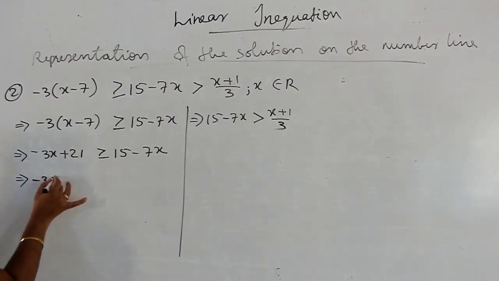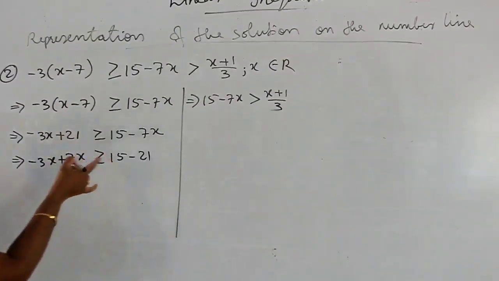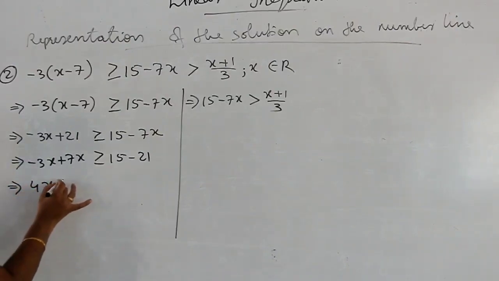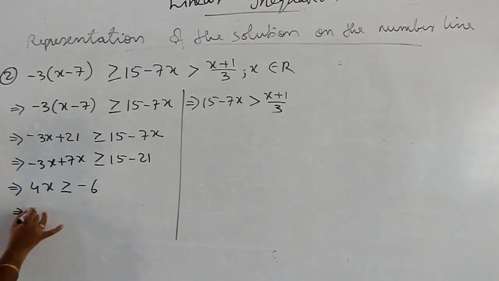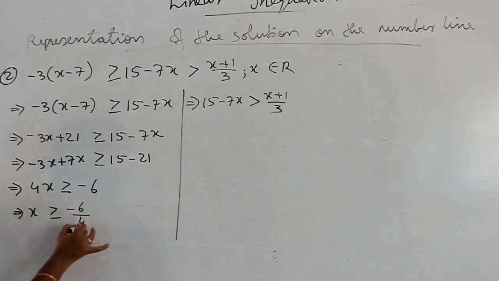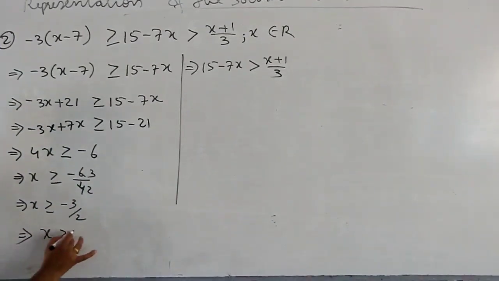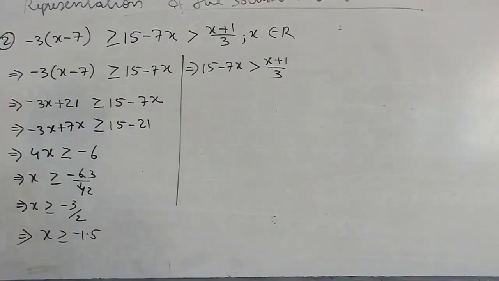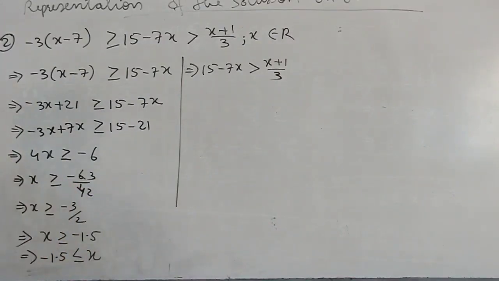Then minus 3x plus 7x greater than or equal to 15 minus 21. 4x greater than or equal to minus 6, which implies x greater than or equal to minus 6 by 4, which implies x greater than or equal to minus 3 by 2, which implies x greater than or equal to minus 1.5. Then we can write this one, minus 1.5 less than or equal to x.